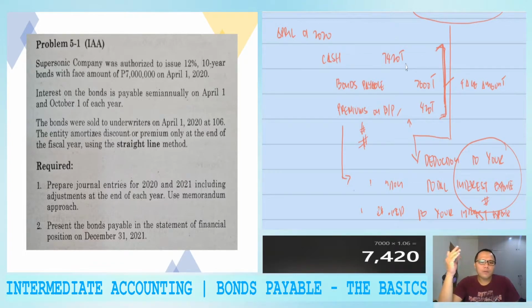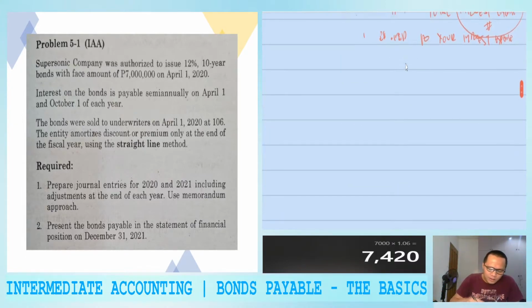However, if we are to use the journal entry approach, then we are to recognize the authorization. Okay? We are to recognize the authorization by making an entry. This is the journal entry method, ha.